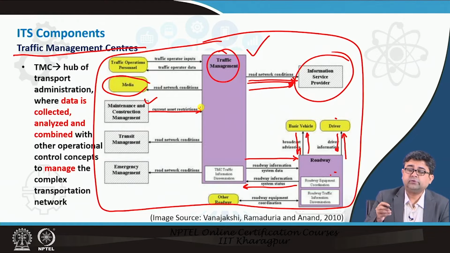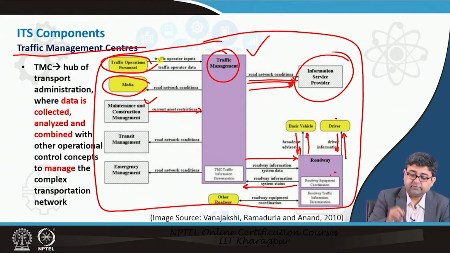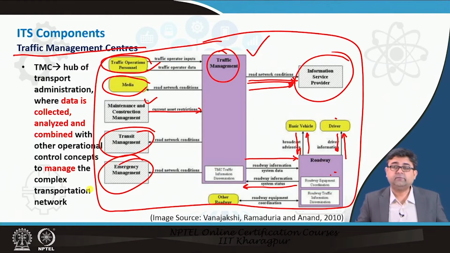If you have to provide information on the TV or on the radio about the traffic conditions, they can directly get information from the traffic management center. Traffic operational personnel can get information from this, and of course, different bus transit managements and also emergency management can get information from this.